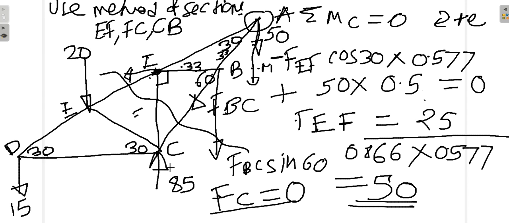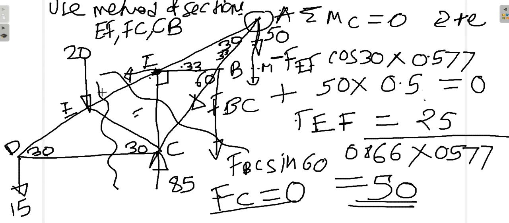You can also use the method of sections to find the forces in the members EF, EC and DC. So let us try to use the method of sections for this particular section. See, I am drawing this section here. Let us forget about everything else.